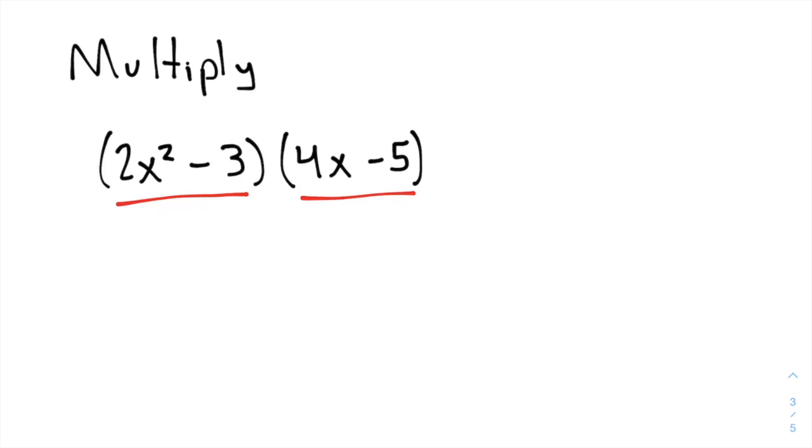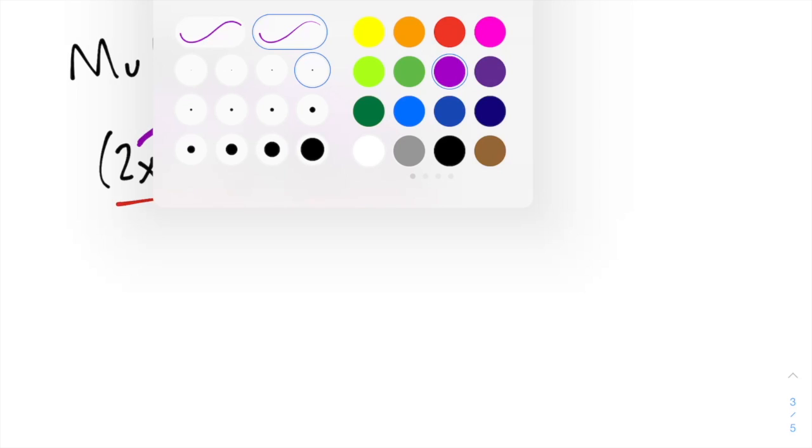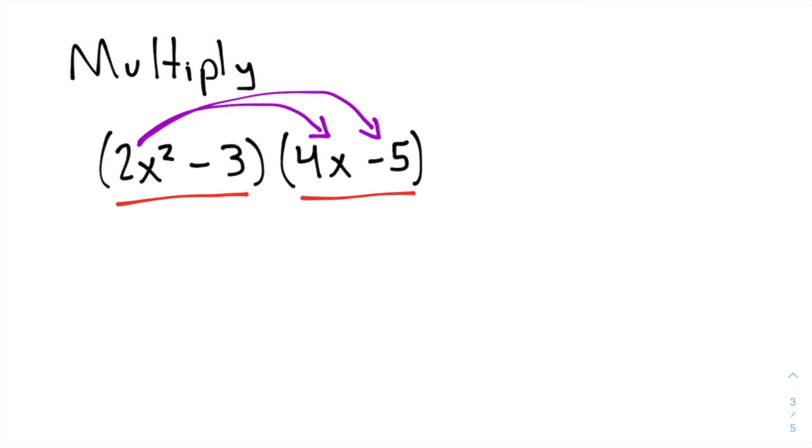So this 2x squared is going to multiply the 4x, and it's going to multiply the negative 5. Then this negative 3 is going to multiply the 4x, and it's going to also multiply the negative 5. So there's 4 multiplications to do.